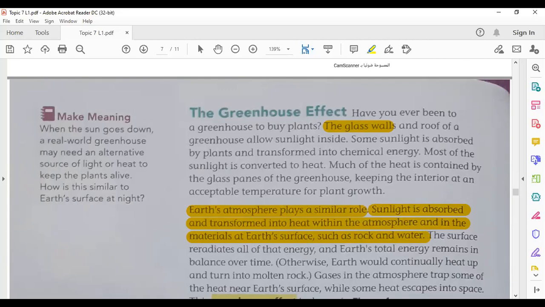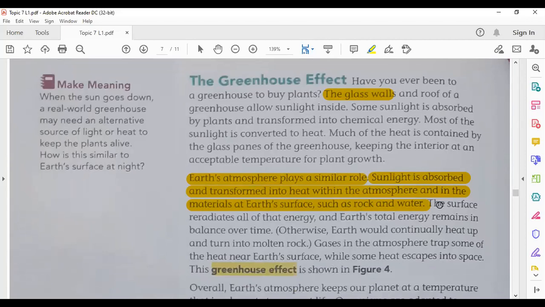Also, the surface re-radiates all that energy, and Earth's total energy remains in balance over time. So the Earth's atmosphere keeps energy on Earth in balance.